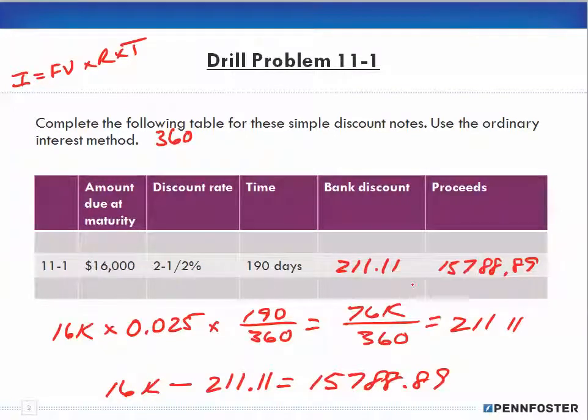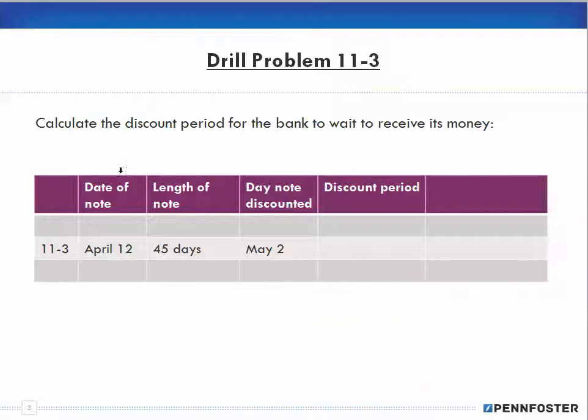Okay. Right. 11-3. Calculate the discount period for the bank to wait to receive its money. Okay, so let's see here.